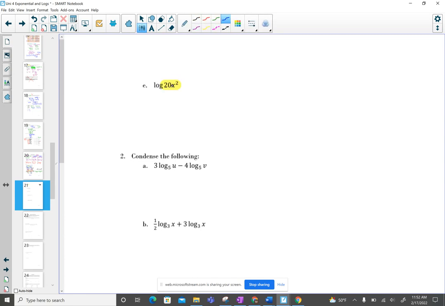Again, we don't see the operation, so we assume it's multiplication, meaning that when we separate it, we separate it with addition. We have 20 for the first, x squared for the second.